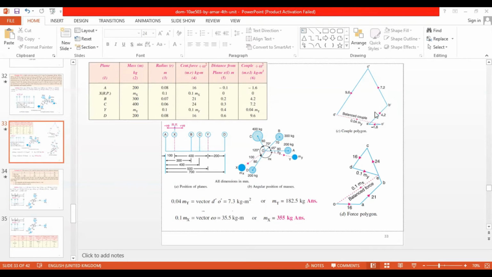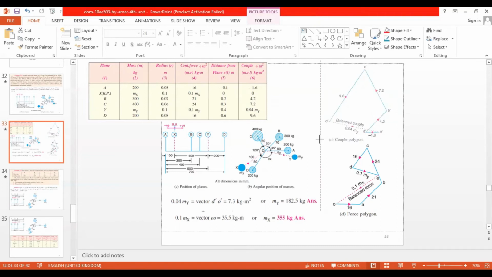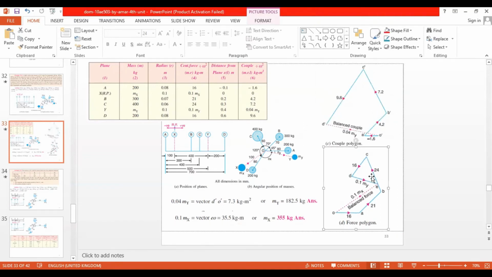Okay, let's see with the diagram of the couple polygon. So this is our diagram of the couple polygon. Some of your arguments were that these angles were aligning exactly. Yes, that's true, but at the same time, these angles will also align. We'll see.